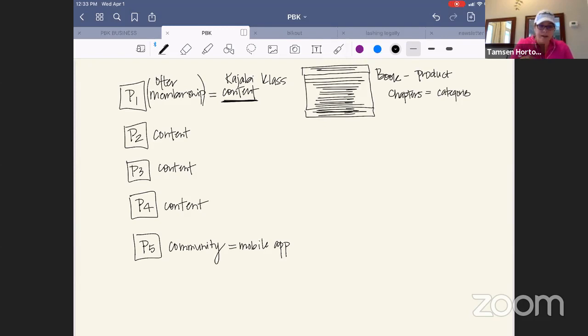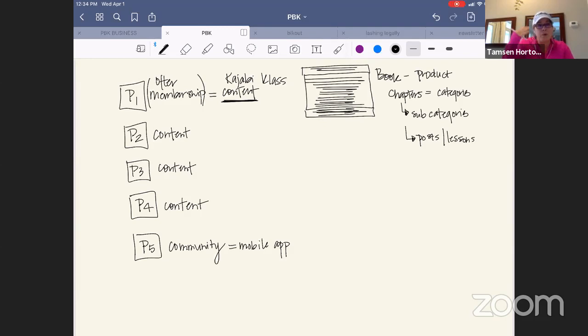Some Kajabi products have subcategories. So you can have a subchapter. Subcategories. And then within any of those, you can have your posts. Okay, so the posts meaning individual lessons or topics, whatever you want to look at it.